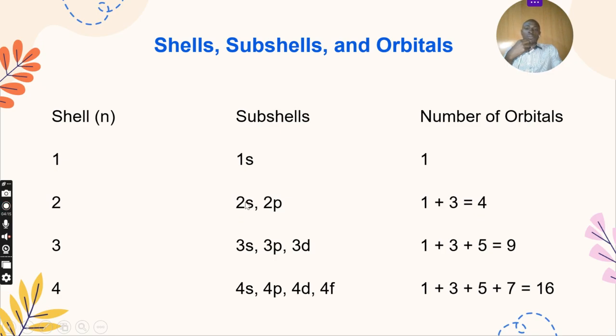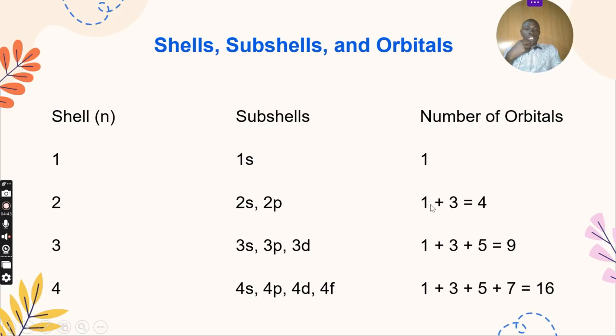Take note, the energy level is used to denote the subshell for ease of reference, to differentiate it from another subshell in another energy level. So the 2s here means the s subshell in the second energy level, and the 2p here means the p subshell in the second energy level.